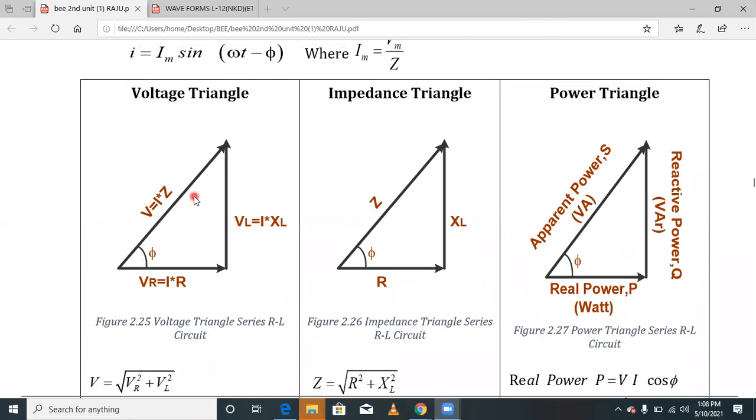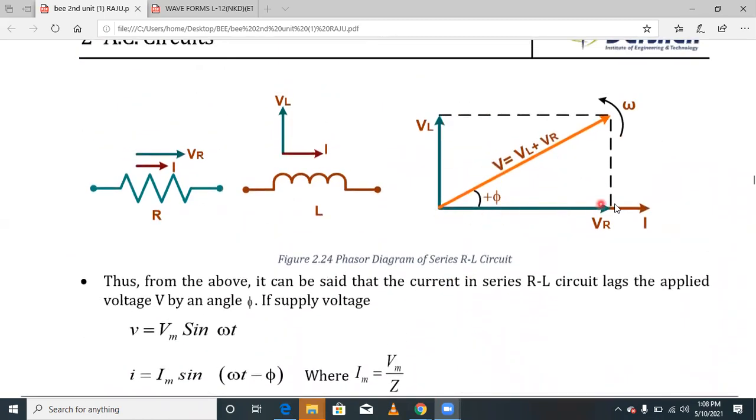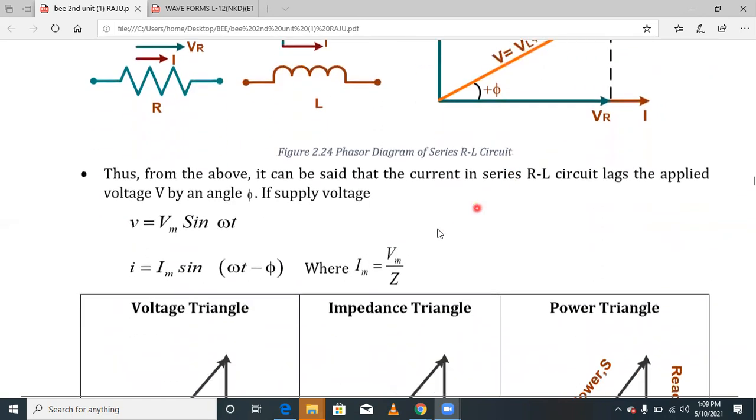For the voltage triangle, the voltage across the resistor is VR equal to I into R. And the voltage across the inductor is VL equal to I into XL, where XL is the inductive reactance. Then V is equal to I into Z. This is VR, this is VL, and this is the supply voltage, the total voltage, in this diagram.